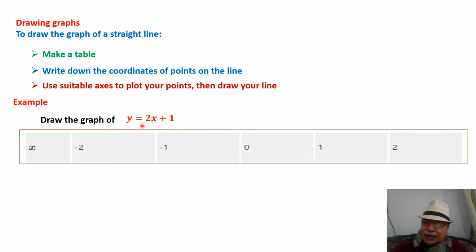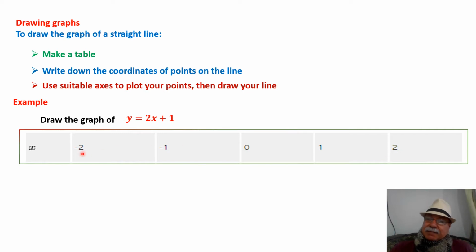I start with minus 2 because the highest number I have in the equation is 2. This is the first requirement. هذا المطلب الأول. سويت أنا جدول لتوزيع القيم اللي موجودة عندي بالمعادلة، تبدأ من minus 2, minus 1, 0, 1, 2.